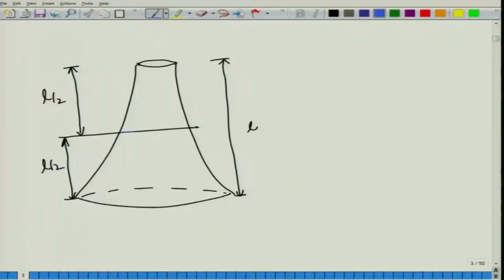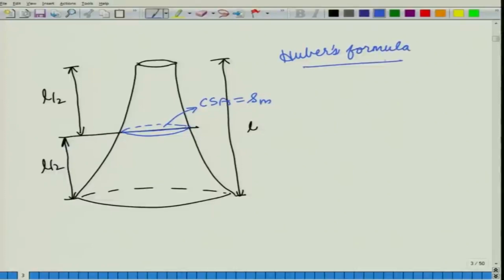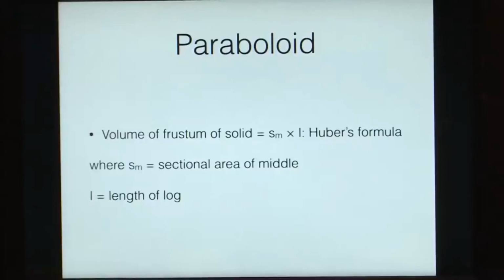At the middle point, if we take a cross section and we define this cross sectional area as Sm, so Sm is the cross sectional area of the middle point of the solid, then our Huber's formula gives volume is equal to Sm into L. So, Sm here is the sectional area of the middle of the solid and L is the length of the solid. Now, coming back to the slides. So, this is the Huber's formula for a paraboloid.